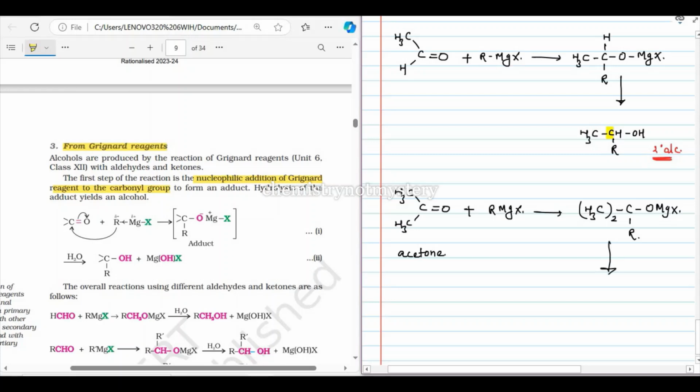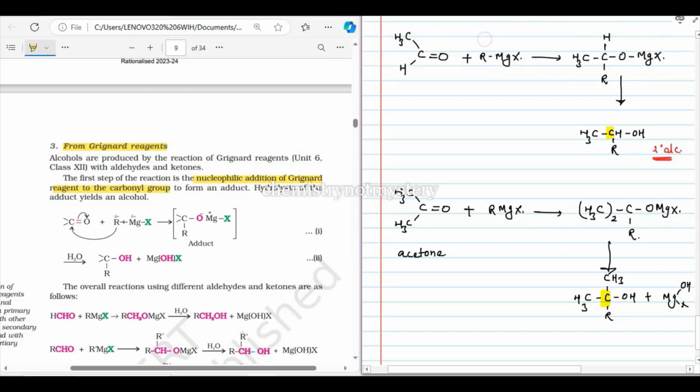After the hydrolysis, here you will get CH3, CR. If I expand it for your convenience, here OH, and here you will get the byproduct MgOH, and here it is bonded to X. So when you see the carbon to which OH is bonded, this carbon is bonded to another three carbons.